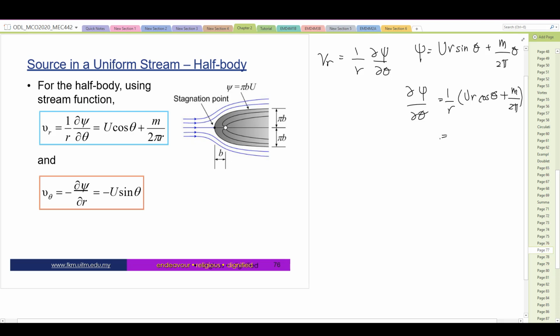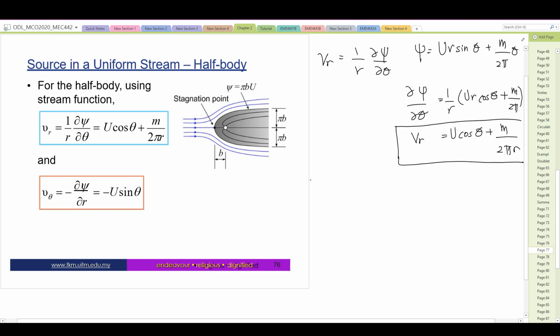So V_r now equals U cos theta plus m over 2 pi r. This is how to determine the radial velocity.